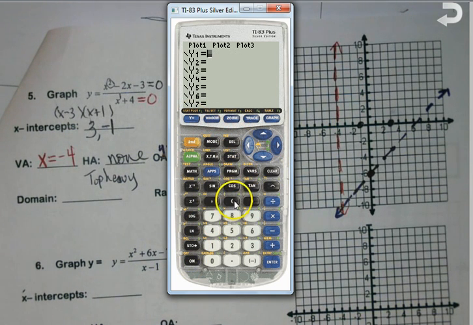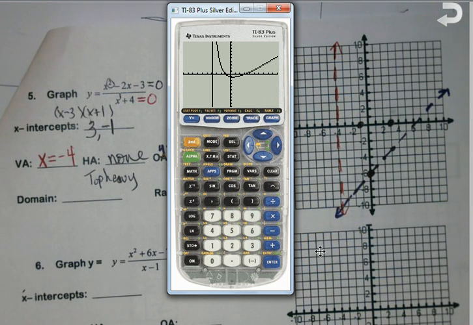All right, so we have x squared minus 2x minus 3 over x plus 4. All right, let's see what you look like. Oh, and I can start to see why this works the way it does. If you have your asymptote set on your calculator, you see that here, you're like, okay.